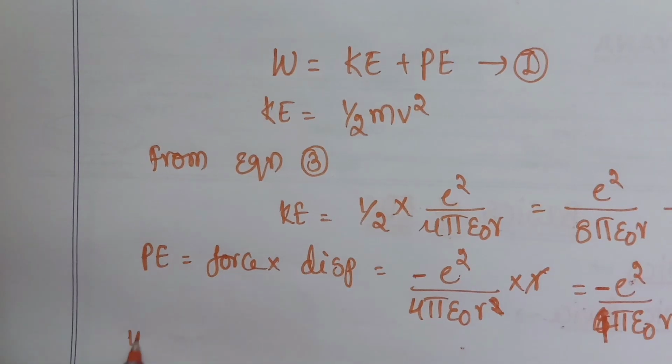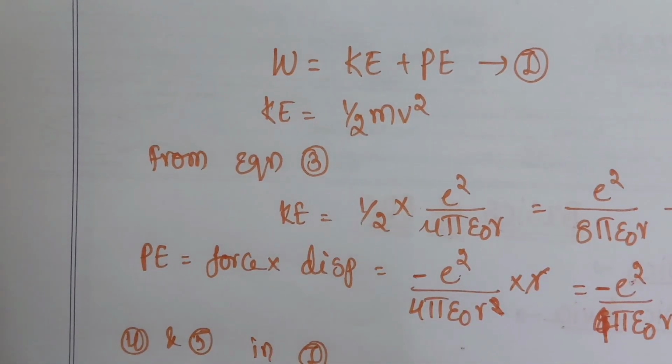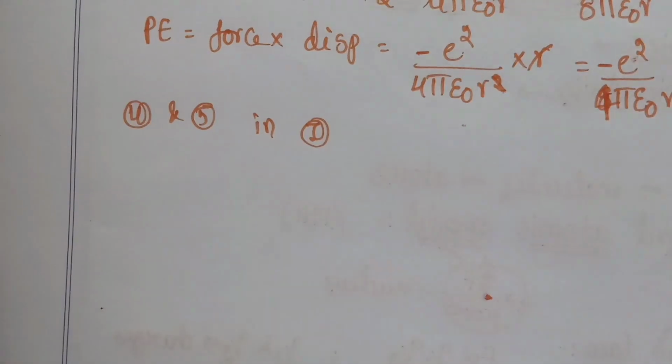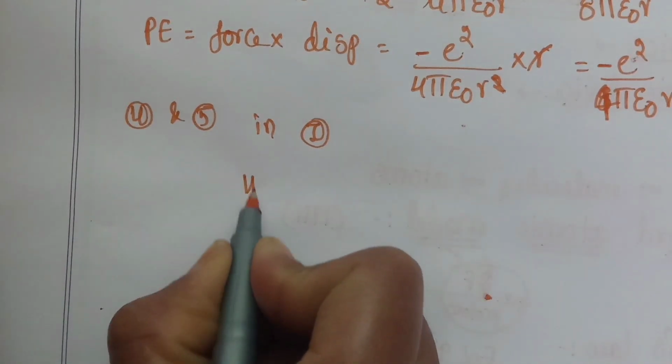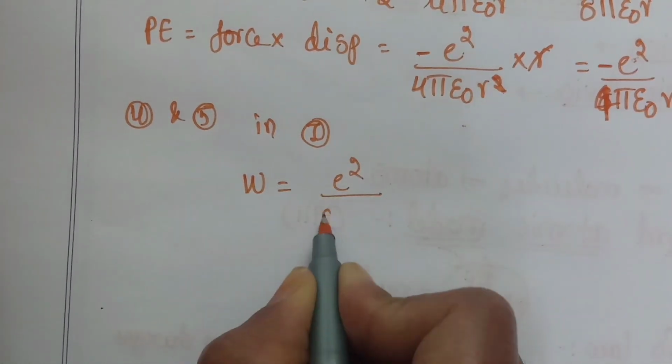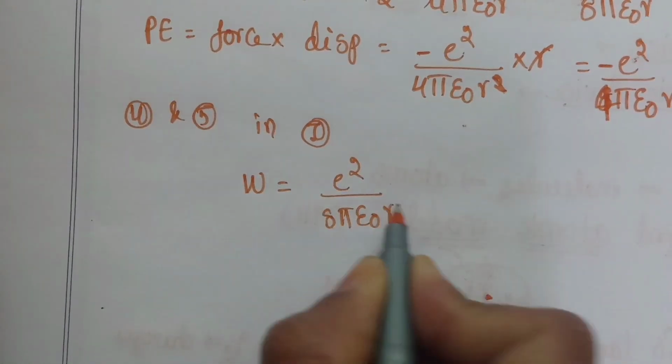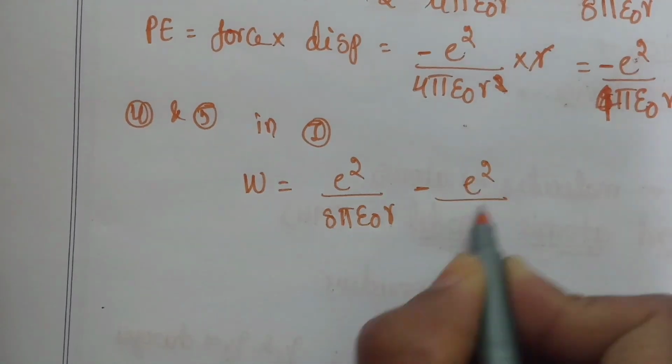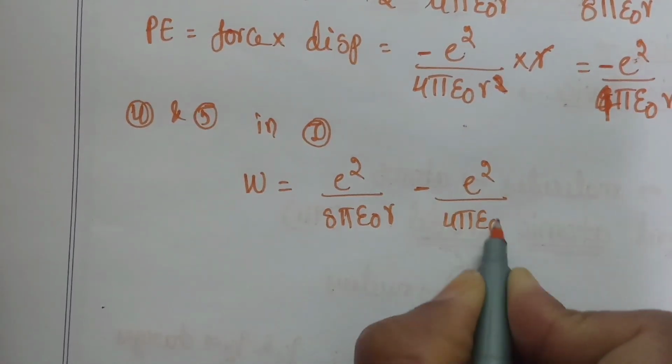If we substitute 4 and 5 in equation number 1, we have W is equal to E square by 8 pi epsilon naught r minus E square by 4 pi epsilon naught r.